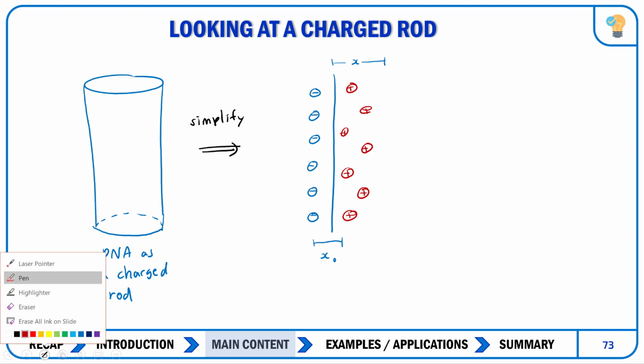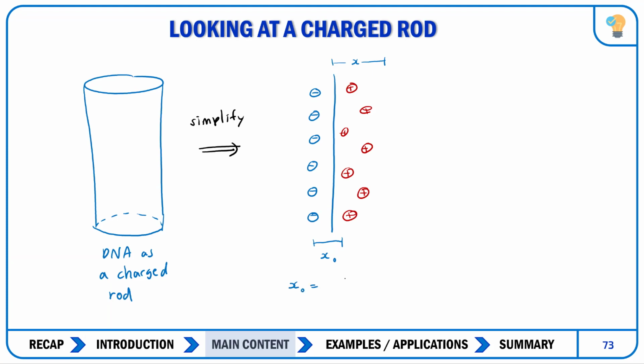We also found out that x naught is approximately equal to 1 over 2 pi LB sigma naught. And the key thing here is to note that the energy per counter ion is equal to kBt.